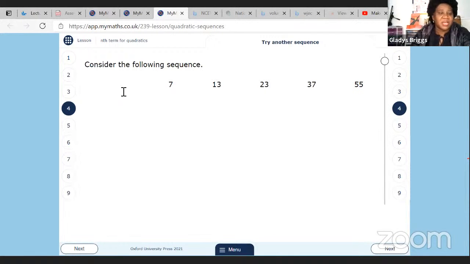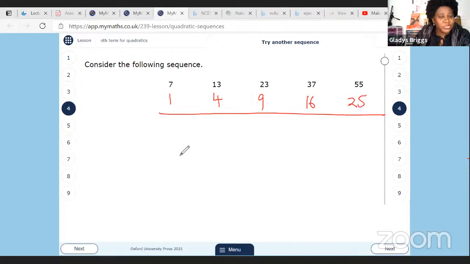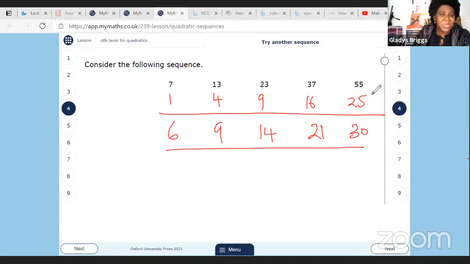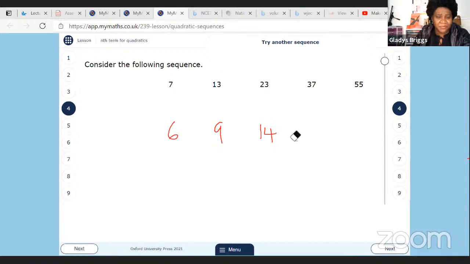If you write out 1, 4, 9, 16, and 25 and subtract, you're not going to get the same numbers. You're going to have 6 here, maybe 9 here, 14 here, 21 here, and 30 here, which is messed up in a way. That's what we were doing yesterday. That was driving us crazy.